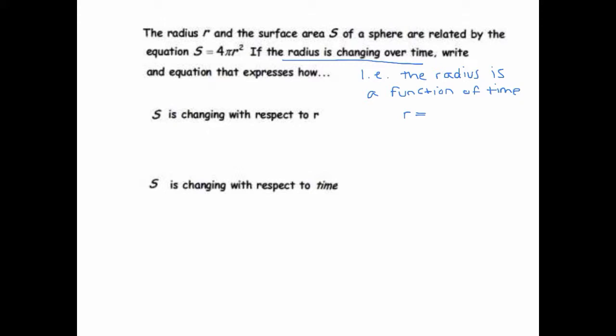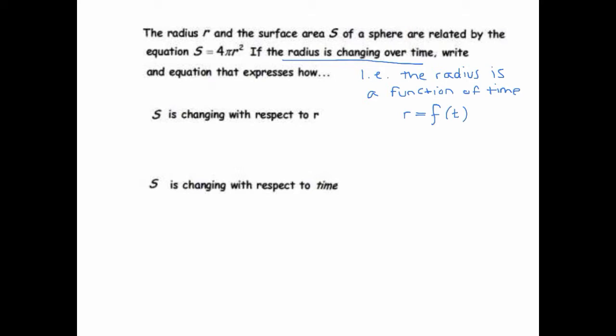I mean, if it's changing at 4 meters per second, then I would write r equals 4t. If it was changing at a different rate, I'd have to write the equation down. I don't know the equation, so I have to say something like r equals f of t. It's just some function of time, some expression that has t in it, maybe.